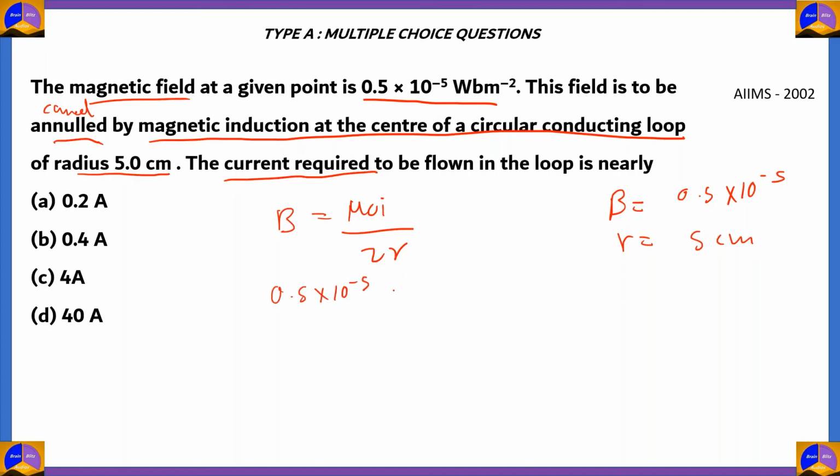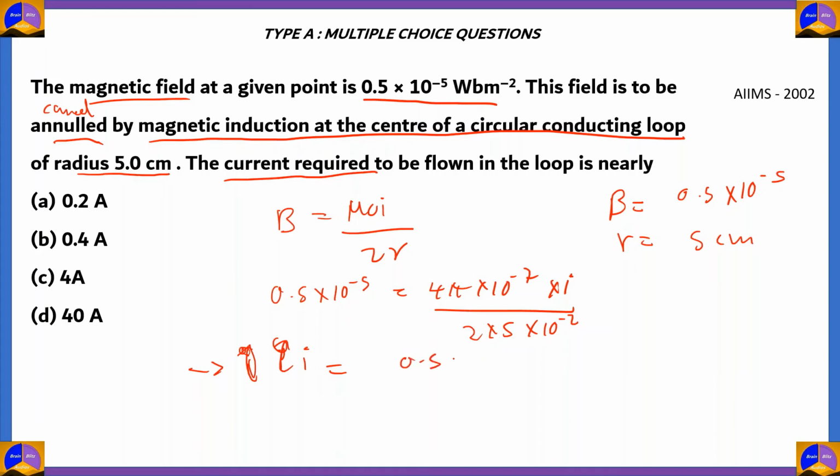0.5 into 10 raised to minus 5 is equal to 4 pi into 10 raised to minus 7 into I divided by 2 into 5 into 10 raised to minus 2. Again, over here, we just convert it in terms of the current I. So that is equal to 0.5 into 10 raised to minus 5 times 2 times 5 times 10 raised to minus 2. And the denominator will be 4 pi times 10 raised to minus 7.